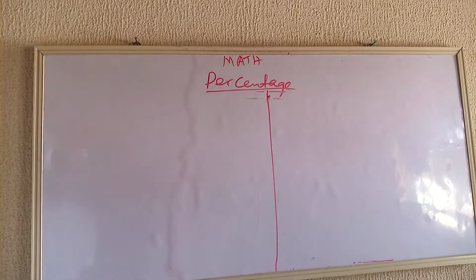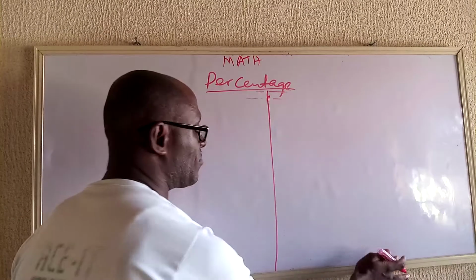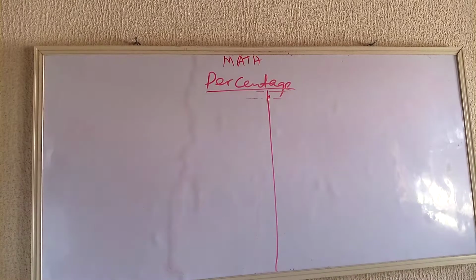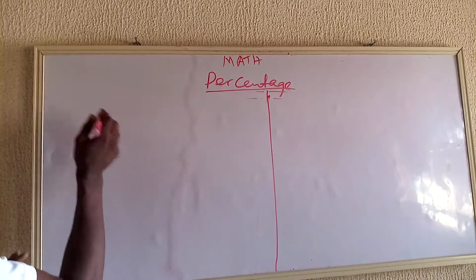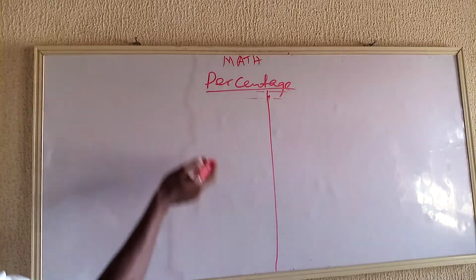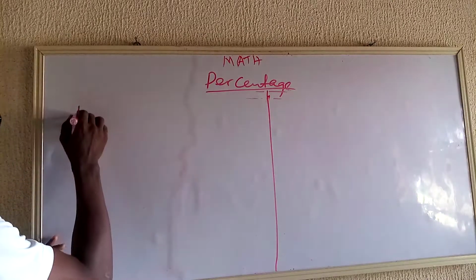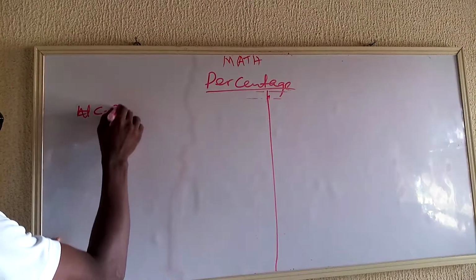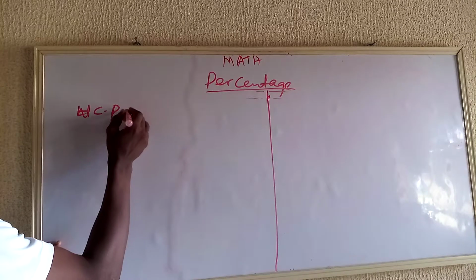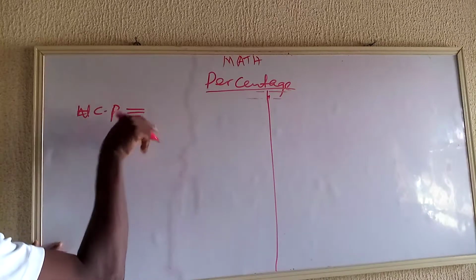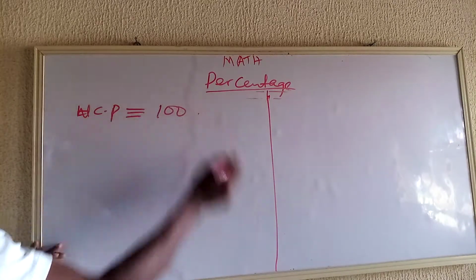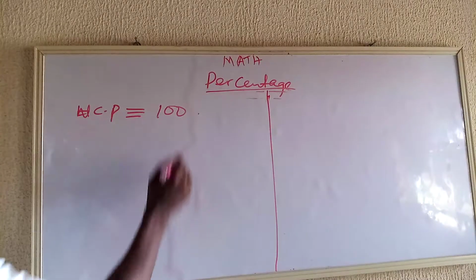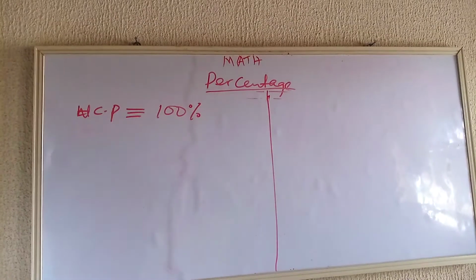So I sat down and thought of a way I can make it a bit easier. What does it say? It says the cost price in naira or in any currency can be attributed to be 100 in terms of percentage. Cost price represents 100%.